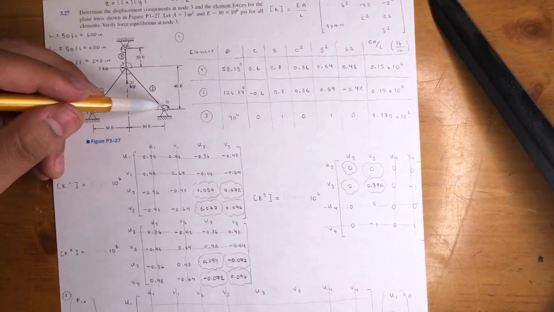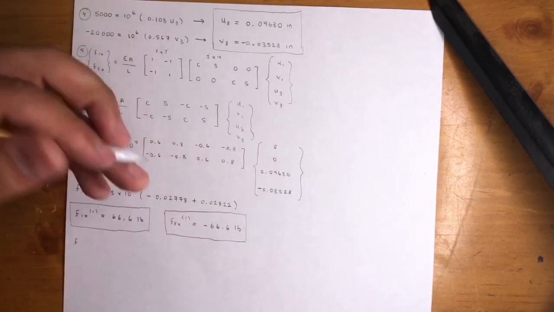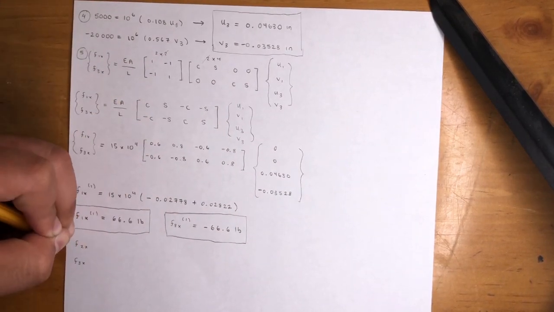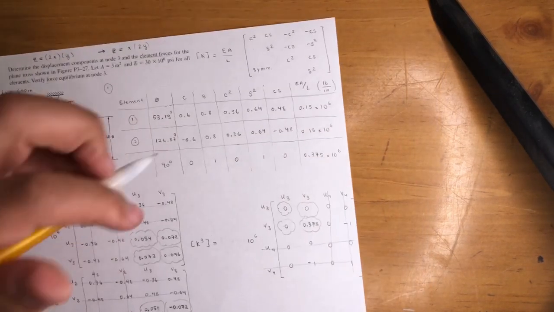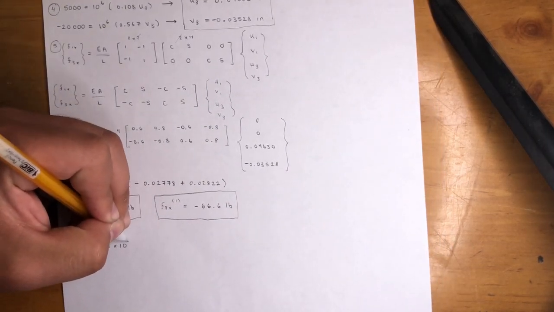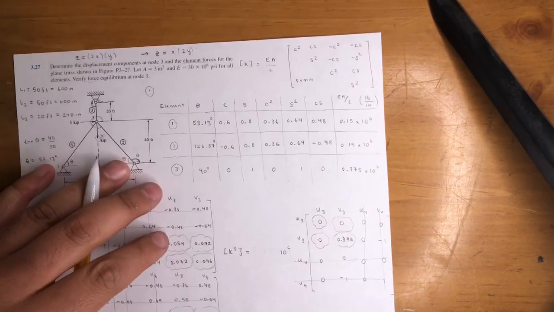Next one, element 2 is between nodes 2 and 3, right? So we're gonna have f2x, f3x. It's gonna equal to EA over L. It's also 15 times 10 to the 4. Cosine and sine, let's see, what is that?